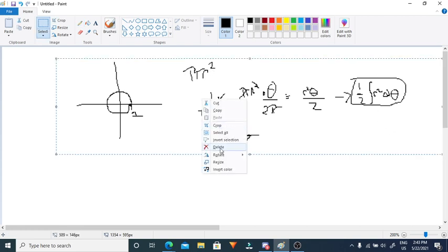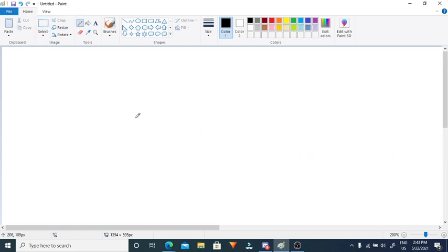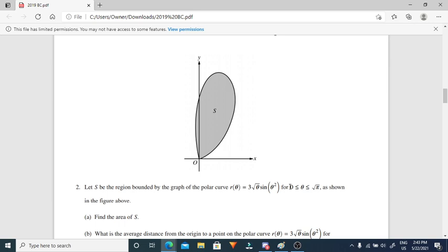So now we're going to apply that to this problem. It's going to be 1/2 times the integral from 0 to root pi, because that is our endpoint. As shown in the question, it says 0 is less than or equal to theta is less than or equal to root pi.